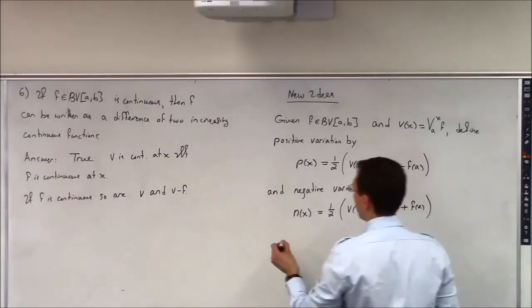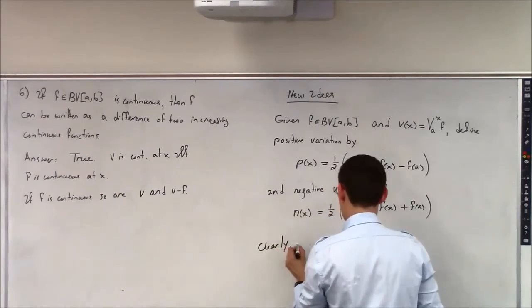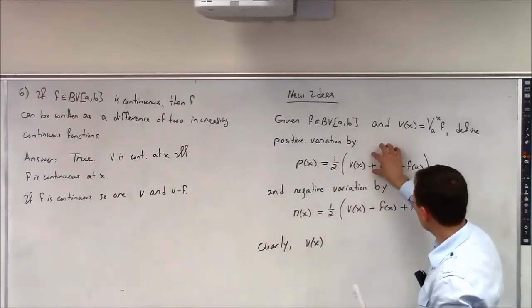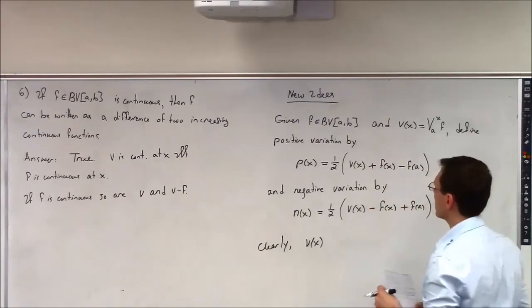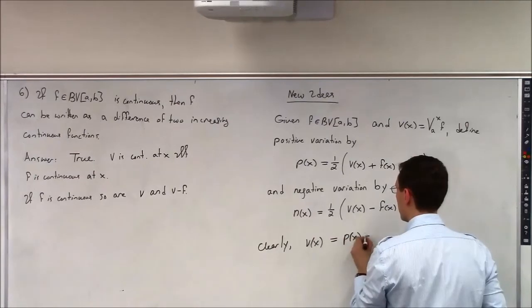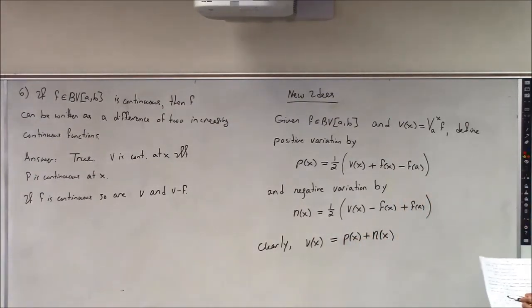So what we can observe about it is that clearly, for V of x, notice there is a 1/2. So if I take this and add to that, I will get equality. So P of x plus N of x, positive variation plus negative variation, is the total variation until x.